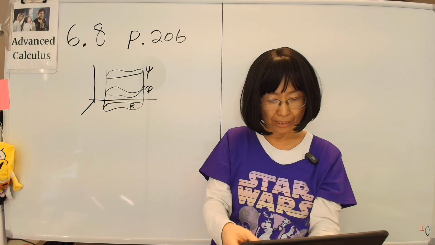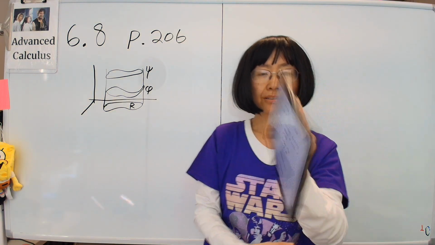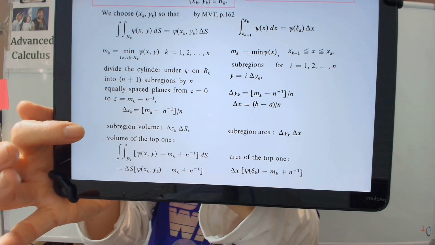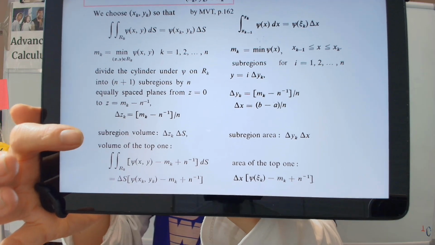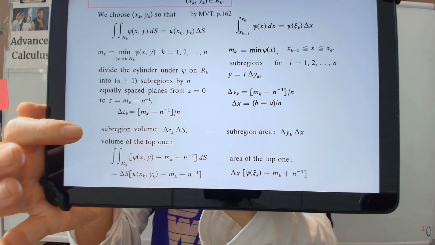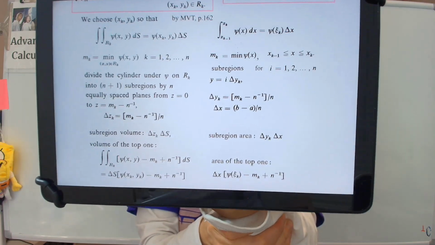So next, each subregion has a volume of delta zk delta s. See, before it had delta yk delta x, the same thing. The delta zk now is like our delta yk before, same idea.